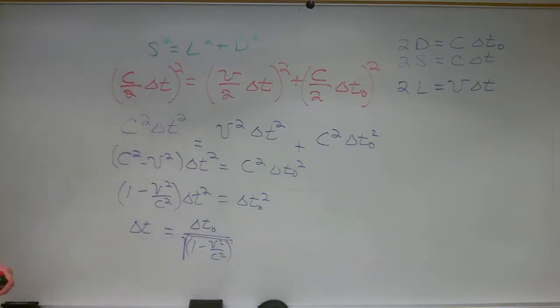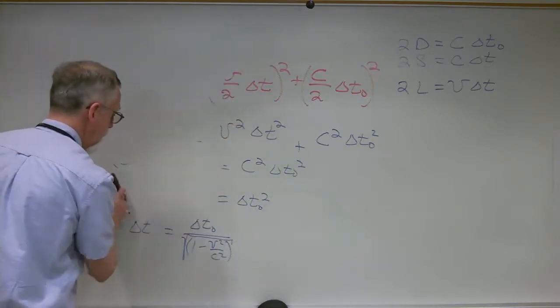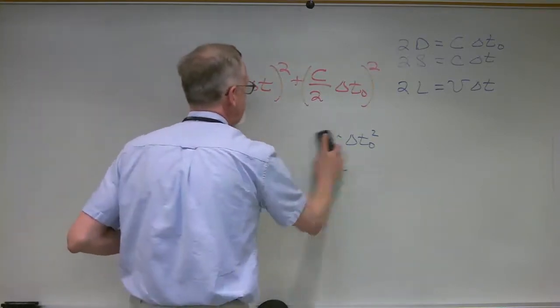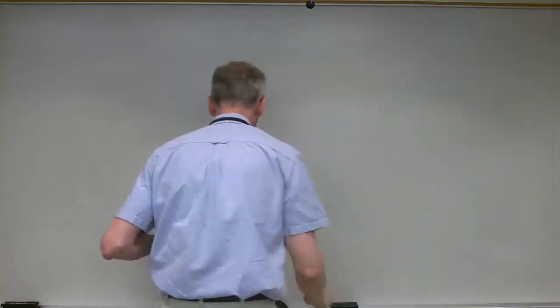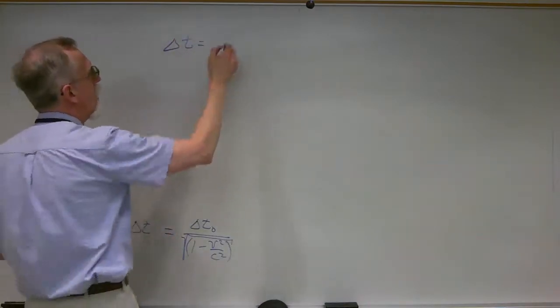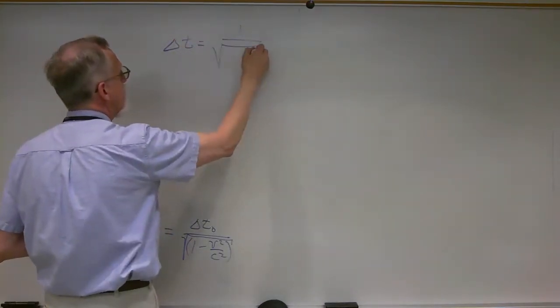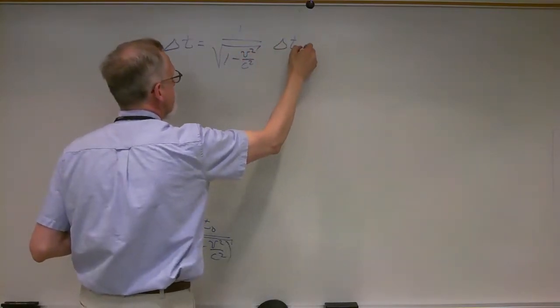There we go. What we end up with is this final result. Delta T is equal to 1 over the square root of 1 minus V squared over C squared times delta T naught.